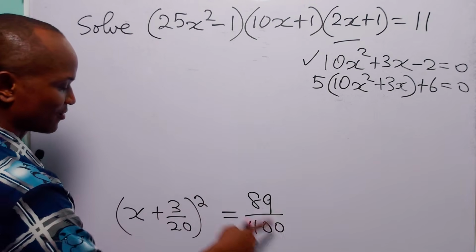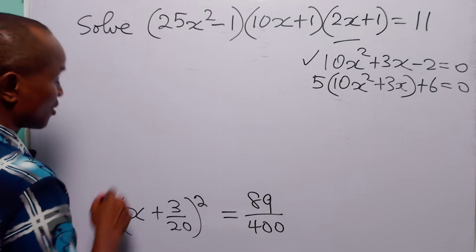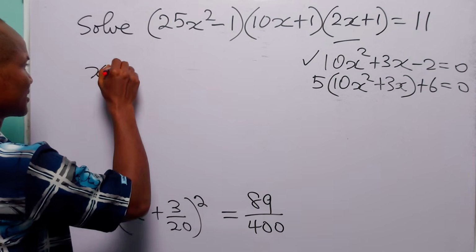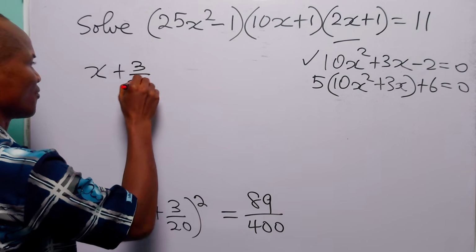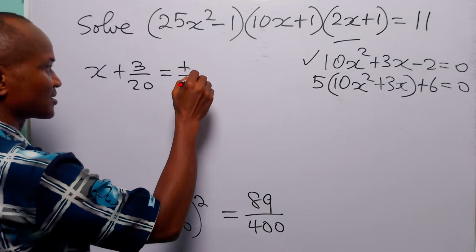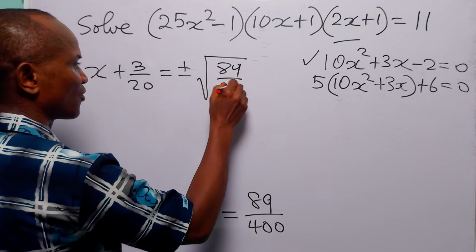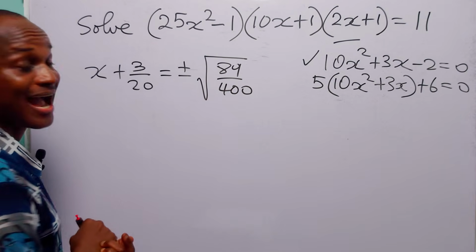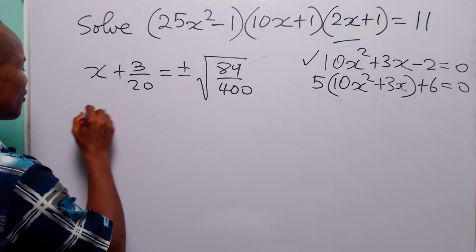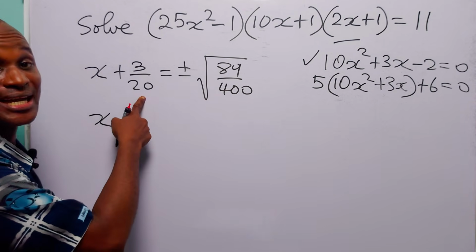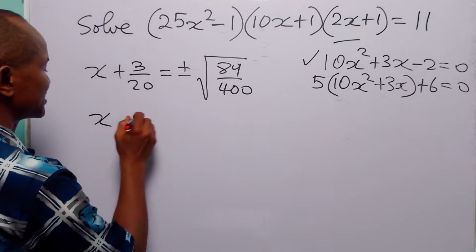And now we take square root of both sides of this equation. When we do that, we have that x plus 3 over 20 is equal to plus or minus the square root of 89 over 400. And finally, to find the value of x, we subtract 3 over 20 from both sides of this equation.